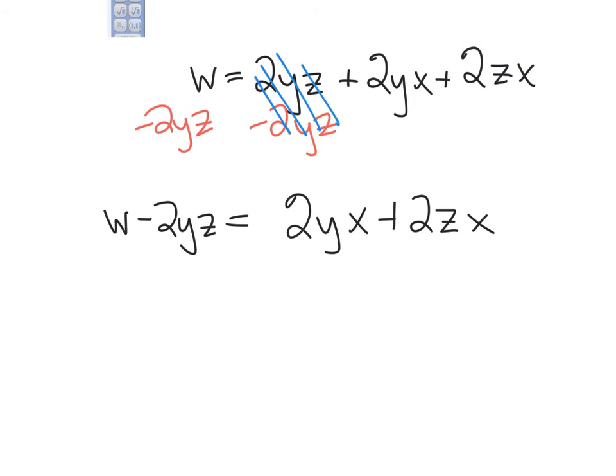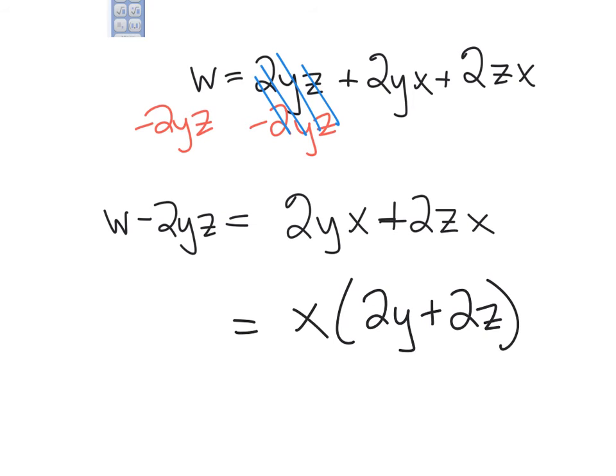Now I'm going to use the distributive property and get the x to show up only once. So when I take out the x, I'm left with a 2y. And when I divide out the x, I'm left with a 2z. And so that's how I get x times the quantity 2y plus 2z.